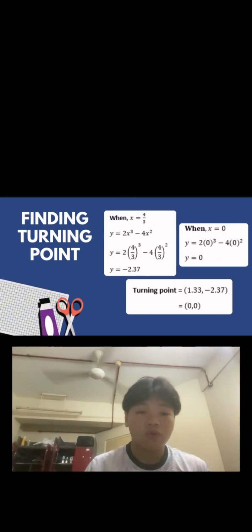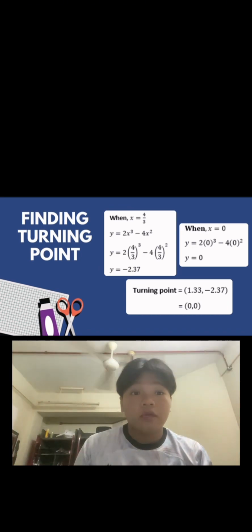But the function we are going to use here is the original, non-differentiated function, 2x^3 - 4x^2. These are the functions we use to insert x1 and x2. First, to find the first y, x = 4/3 is inserted into the function: 2(4/3)^3 - 4(4/3)^2. For y1 we get negative 2.37.